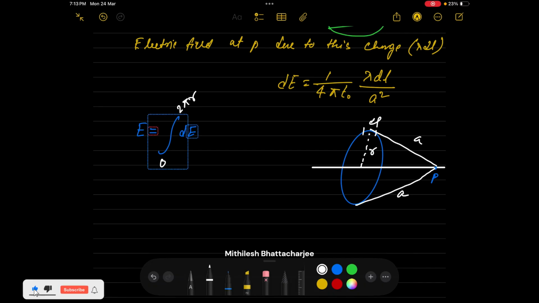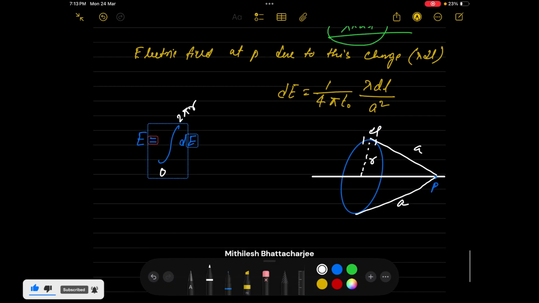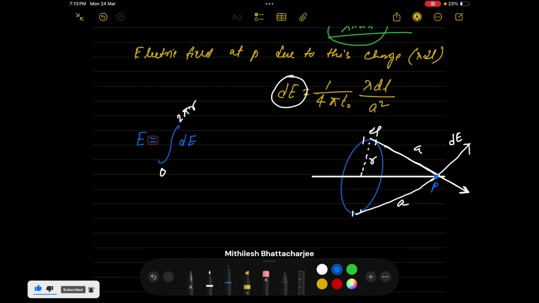Now dE has two directions, so it will be split into two components.